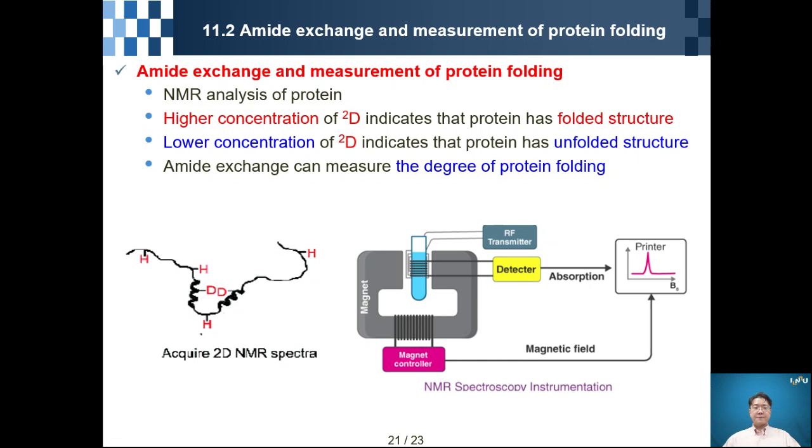Finally, we can do the NMR analysis of the proteins. This machine is an NMR spectrometry instrument, which uses a magnet.